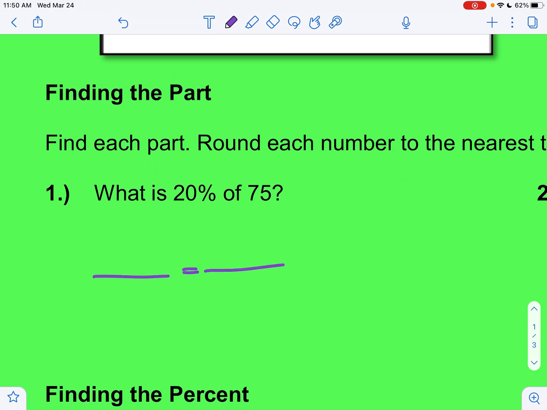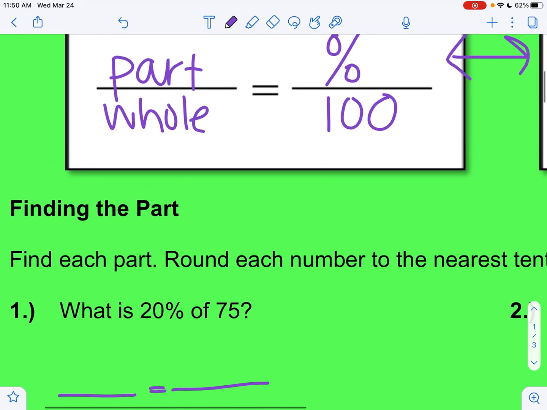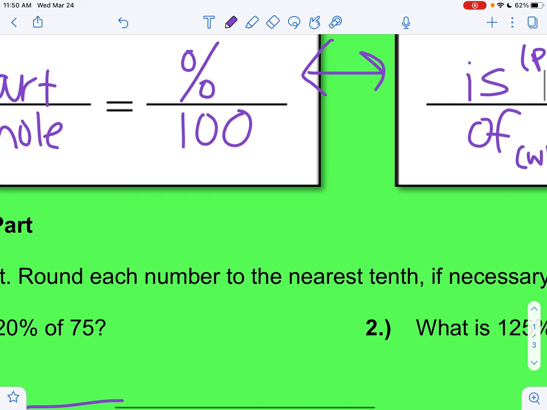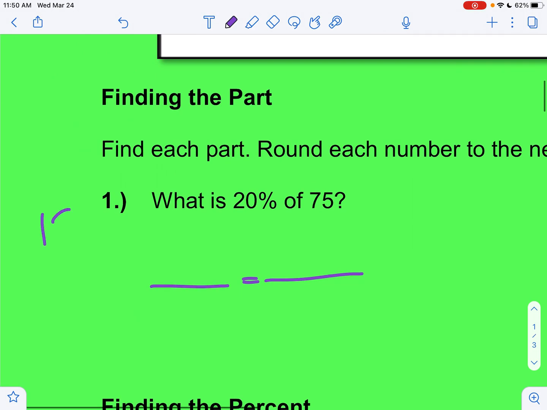Well, we know we need two proportions. Our first one is the parts over the whole, or is over of. I'm just going to write that off to the side so we remember: is over of. It is saying what is 20% of 75. So that 75 goes with the word of, which means it goes on the bottom.